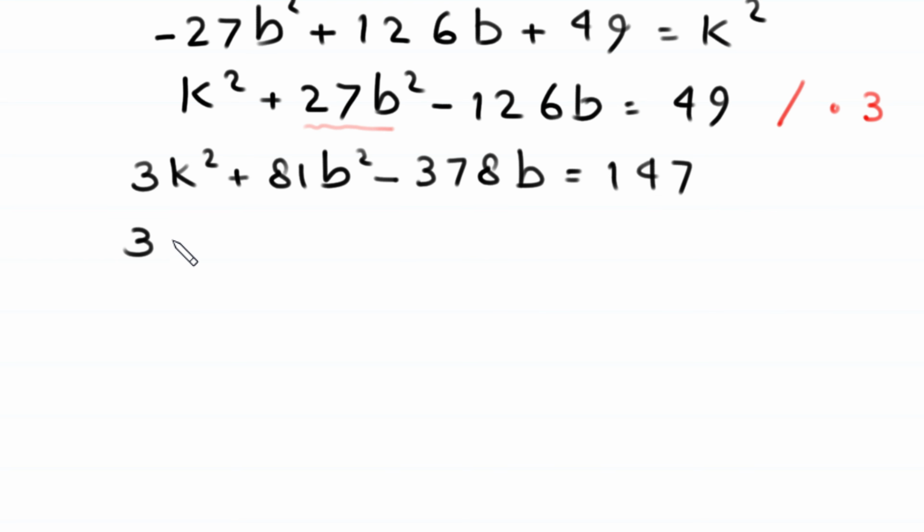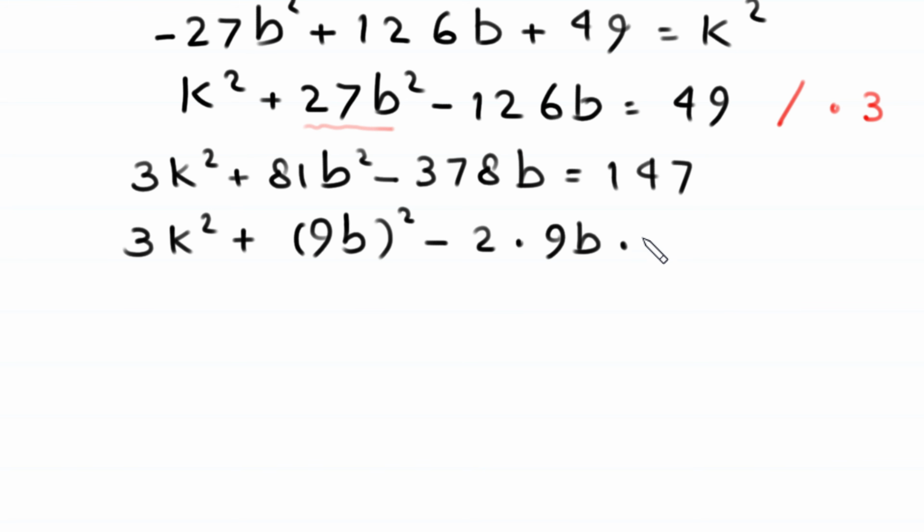Next, 3 times k squared plus this 81b squared is same as 9b whole squared, minus this 378b can be written as 2 times 9b times 21. To complete the square, we add here 21 squared.